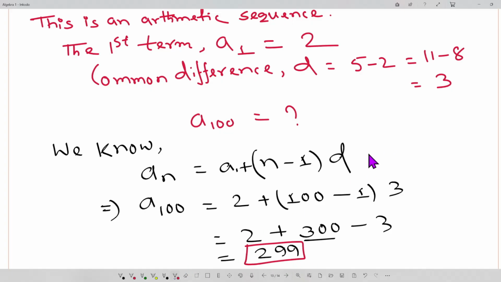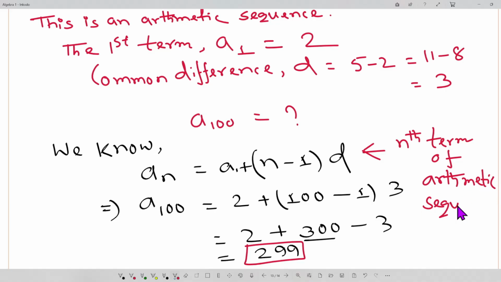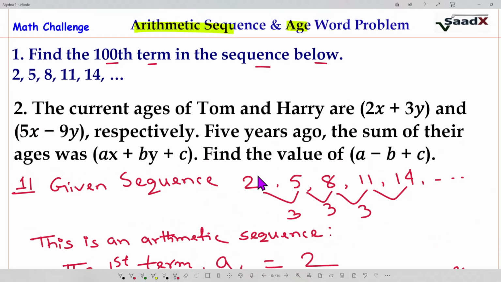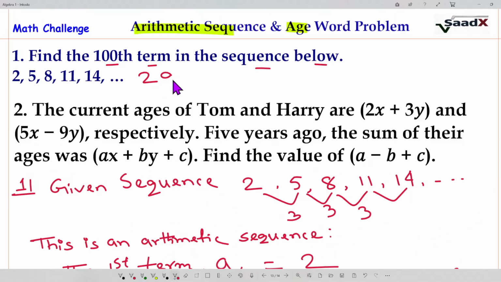So we have to know the nth term of an arithmetic sequence, right? So number 1 is done, which one is 299. Next question.